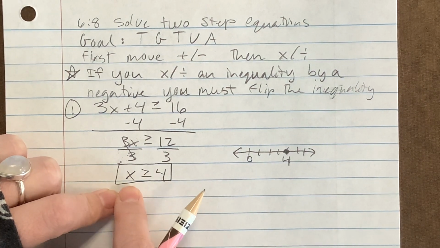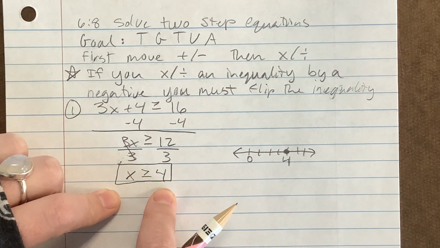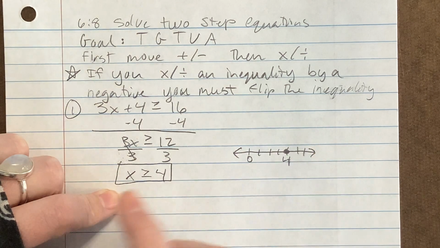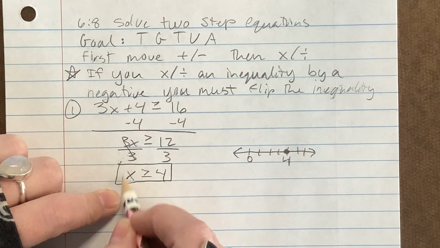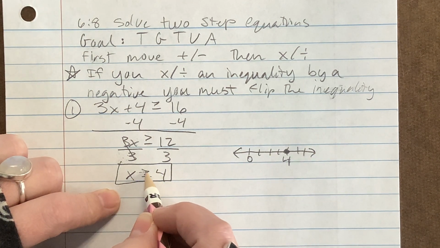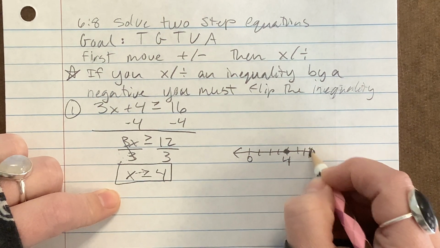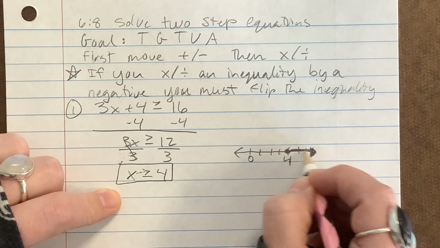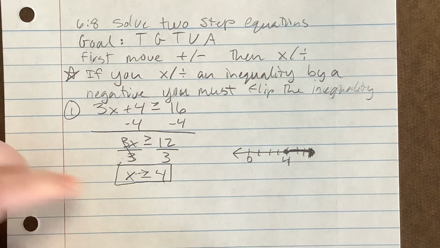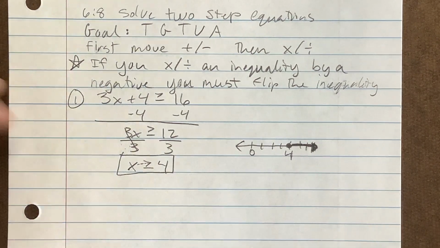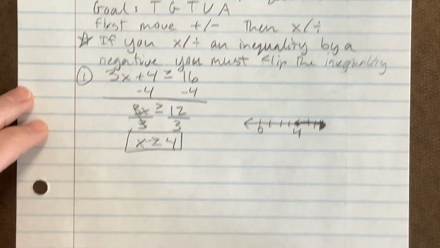And then if we read it, it says x is greater than or equal to 4. That means the stuff that's bigger than 4. Or, since the variable's on the left, you can use the trick that says we color it that way. All right, and there we go. That's it. We're just putting all of it together.